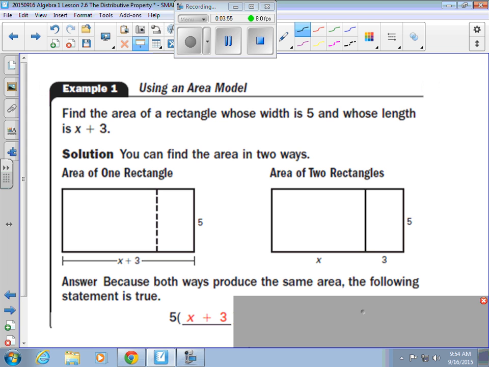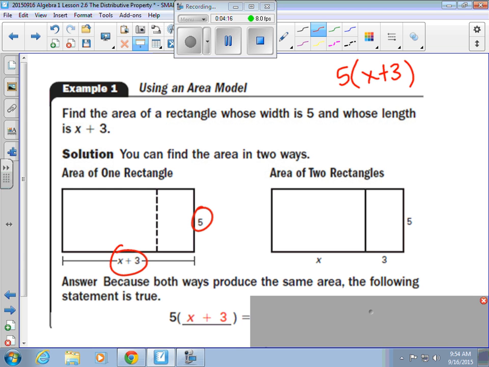Example number 1 is using an area model. Again, just like the bell work, area equals length times width. So right here, this rectangle has a width of 5 and a length of x plus 3. So you're multiplying 5 times x plus 3. That's what we have down here.